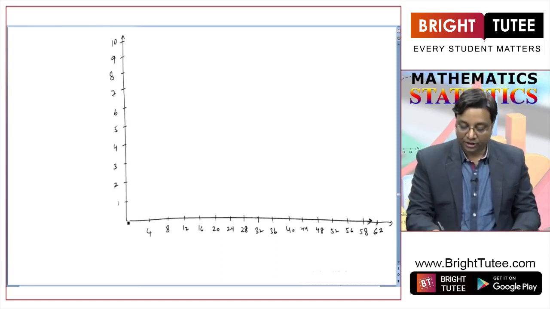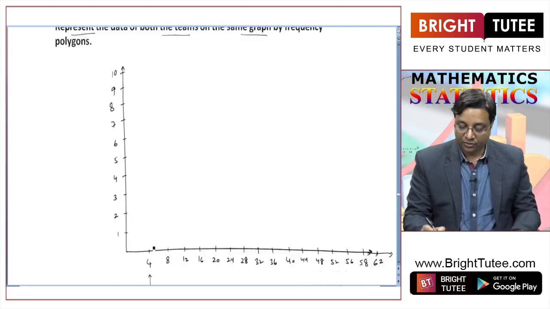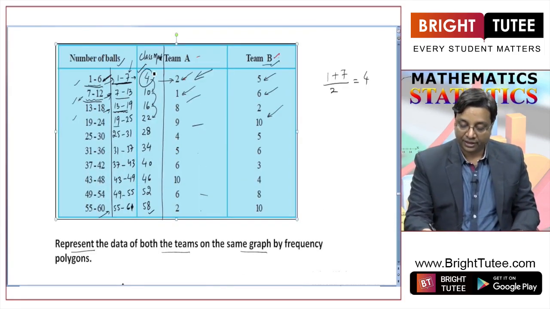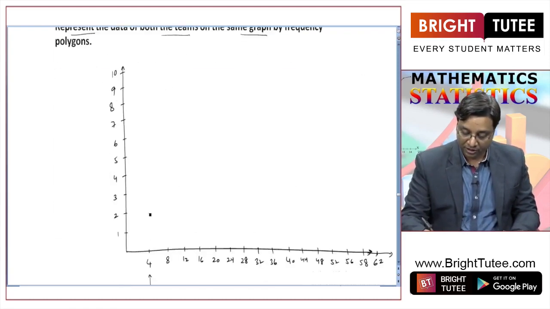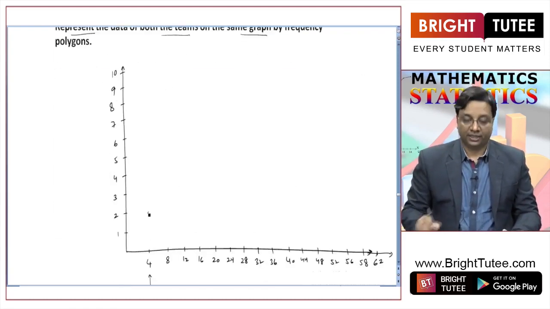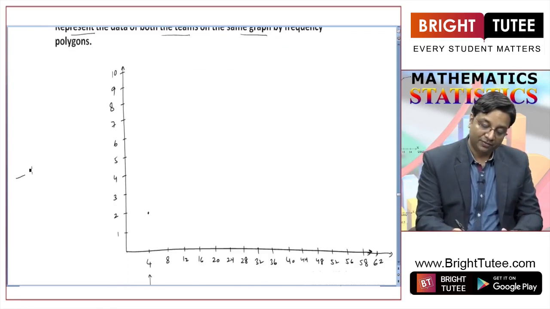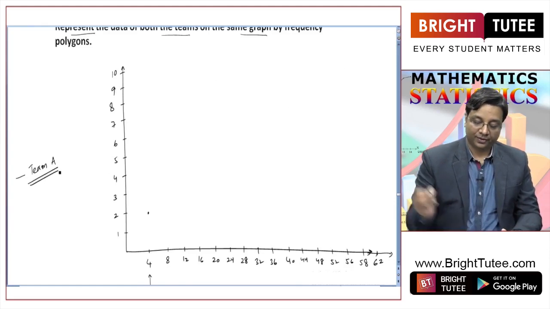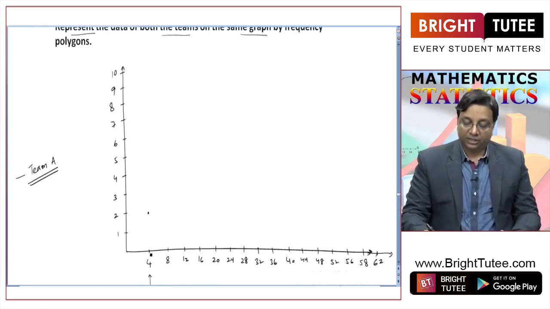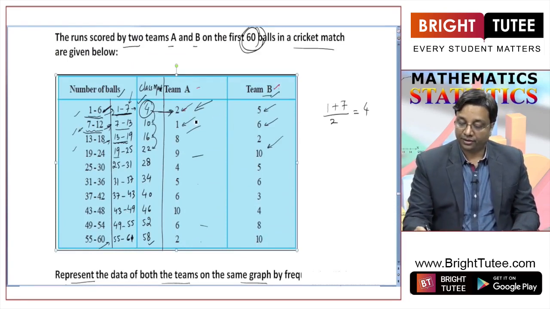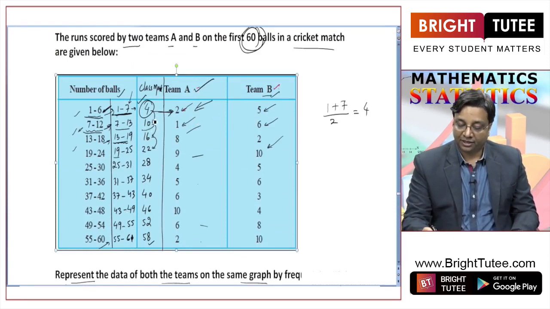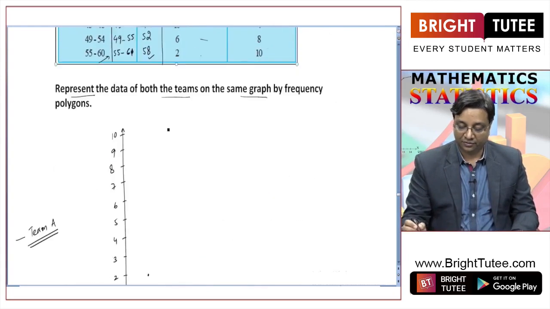Right? Corresponding to the class mark 4, I have got for team A runs 2. So 4, 2. This will be the point. Okay. I am representing team A scores with black color. So corresponding to this class mark 4, I have got 2 runs for team A. Class mark 10 and then runs is 1.